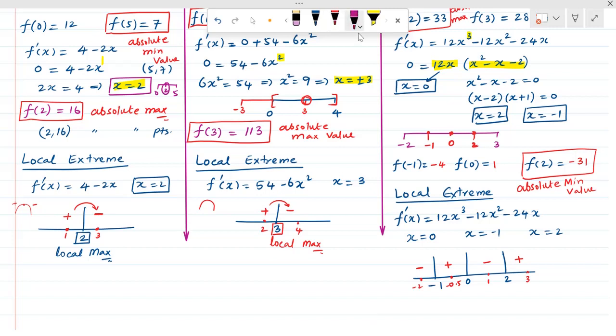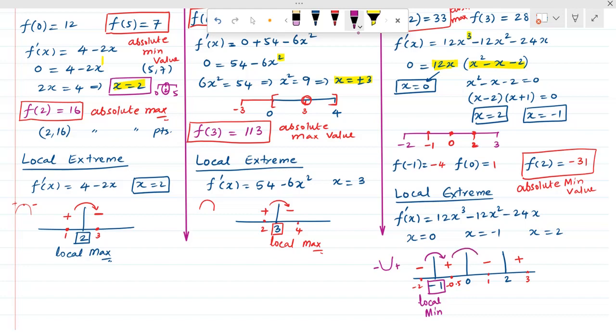So what happened here? Whenever you have a minus to plus, it is actually going down, but then it increases. Therefore negative to plus, therefore it is a minimum value. This is a local minimum.